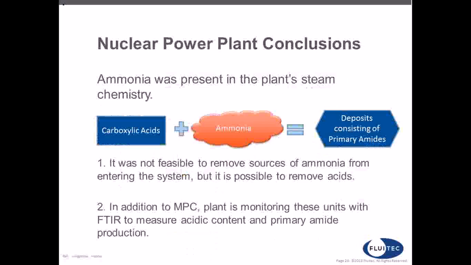This is also another example of a deposit that you can, in fact, eliminate, either by getting rid of the carboxylic acids or by getting rid of the ammonia. In this case, it's probably hard to get rid of the ammonia, but there are technologies available that can remove acids, and if you remove this component from the equation, you're not going to have this kind of formation happen in your system.